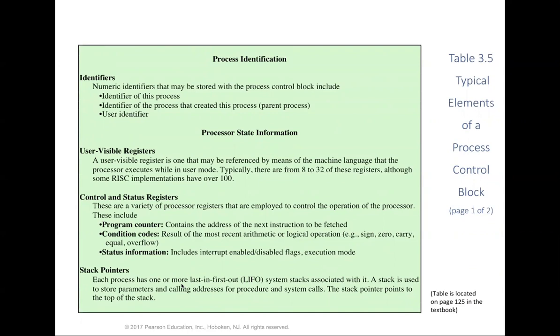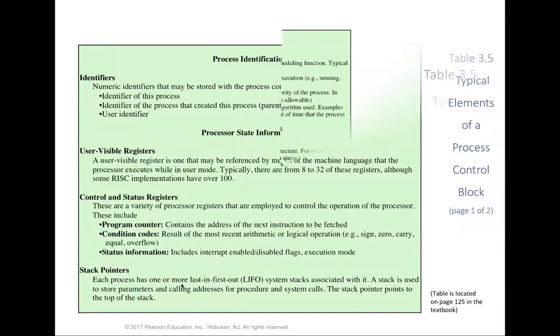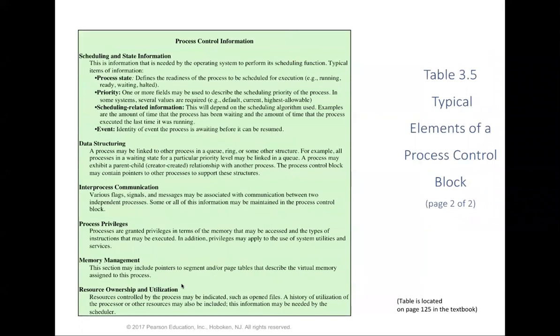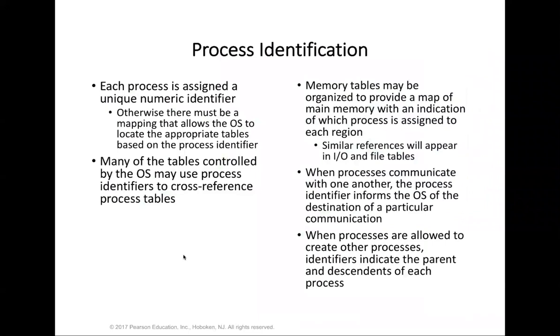So we can group the process control block information into three general categories. The first one is the process identification. The next one is the processor state information, and the third one is the process control information. You can go over each of these tables in more detail in the textbook. However, I'll provide you with some summarization as follows.